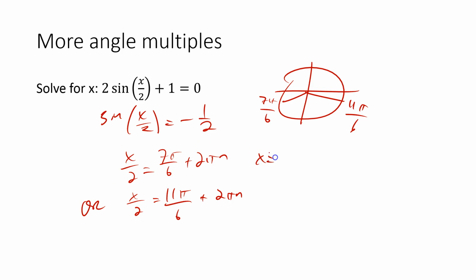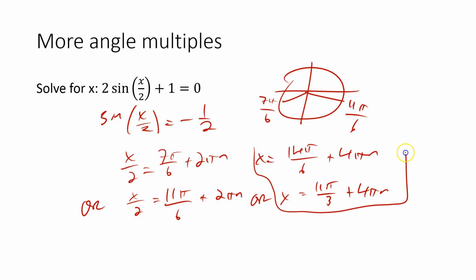So x could be 14 pi over 6 plus 4 pi n, or it could be multiplied by 2, we'd have 11 pi over 3, plus 4 pi n. And you have your solutions. And that's all there is to it.